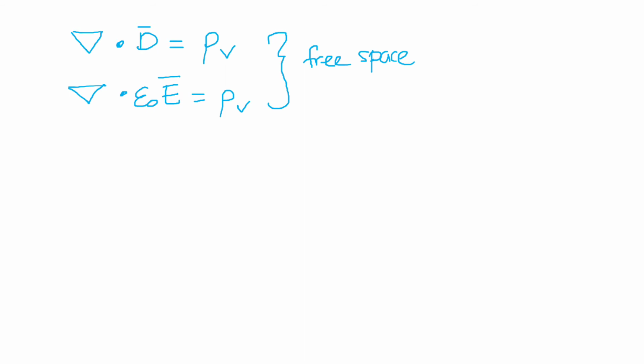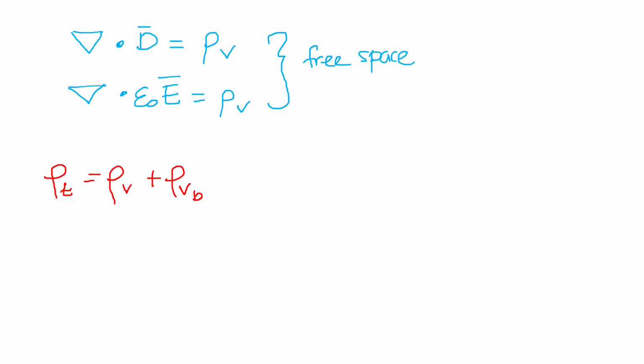We are going to assume that our dielectric consists of rho V. Thus, our total charge rho is equal to rho V plus rho VB.